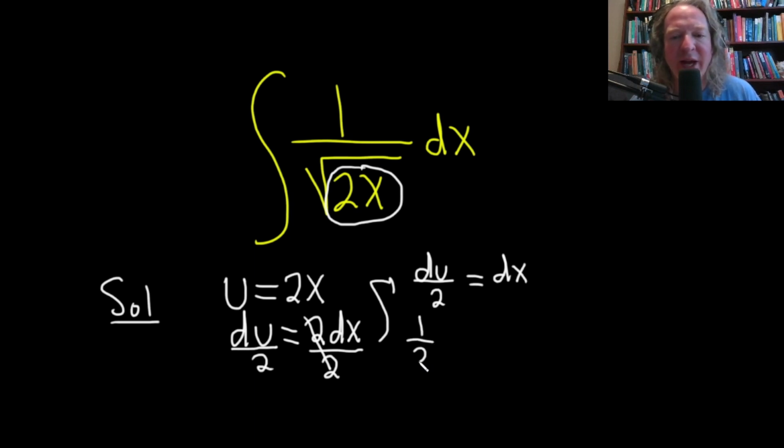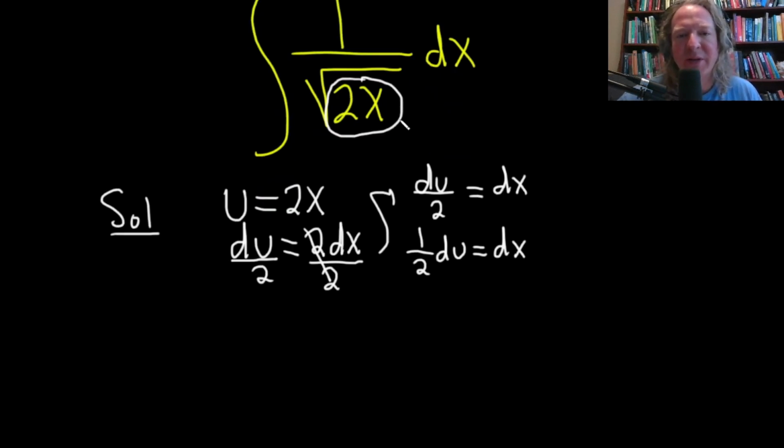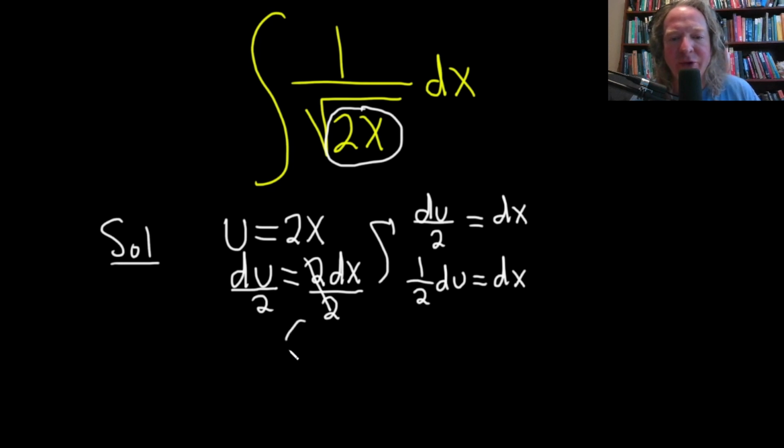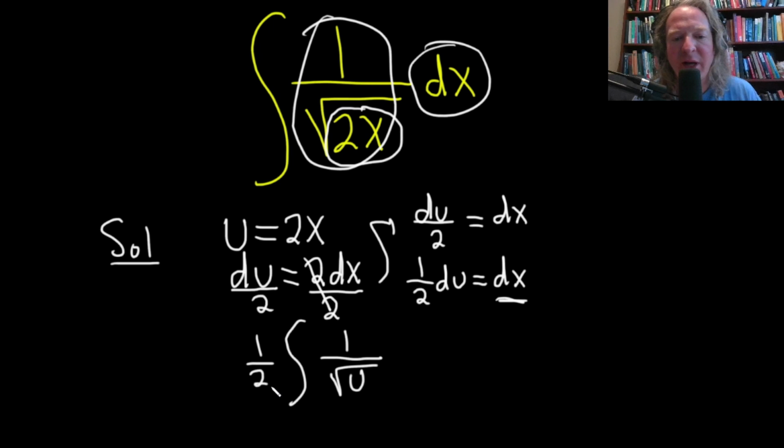We can write this as 1/2 du equals dx. Okay, so this is going to be equal to, let's go ahead and make our substitution. So we have on the bottom here, we have 1 over the square root of u, right? That's just replacing this. And then the dx is 1/2 du. So I'm going to pull out that 1/2 and put the du over here like that.